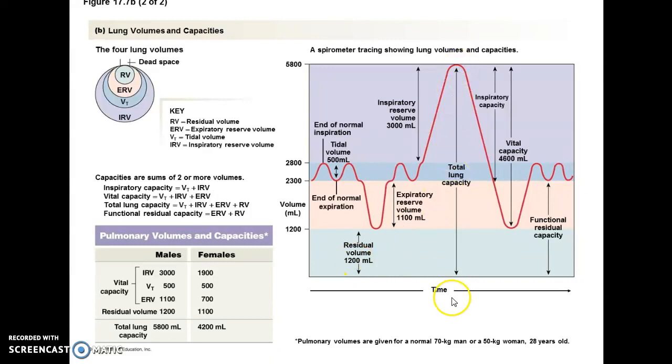Total lung capacity is all four added together. Vital capacity is only the functional ones, where we can move air in and out: IRV plus TV plus ERV.